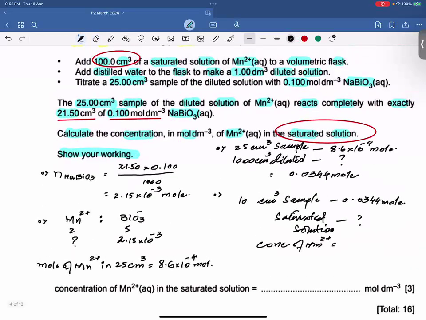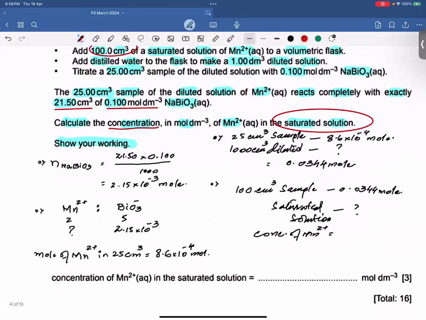Whatever we have calculated in the 1000 cm³ diluted solution, the moles will remain the same in 100 cm³. So the 100 cm³ sample contains 0.0344 moles. In order to calculate the concentration, we need to compare it with 1000.